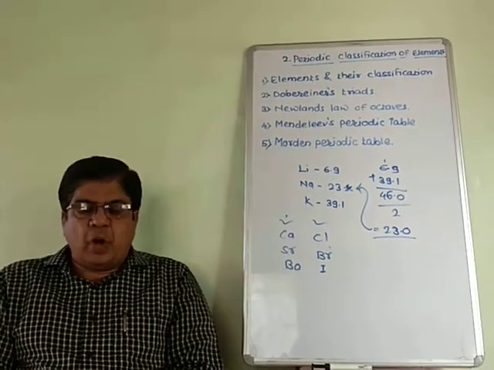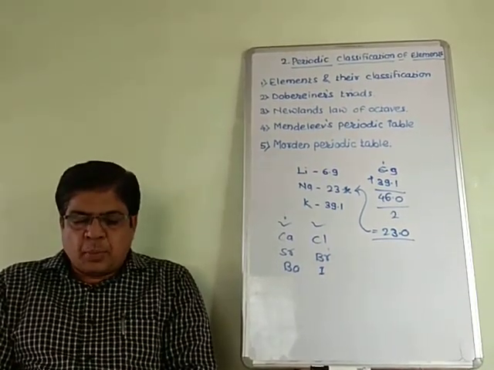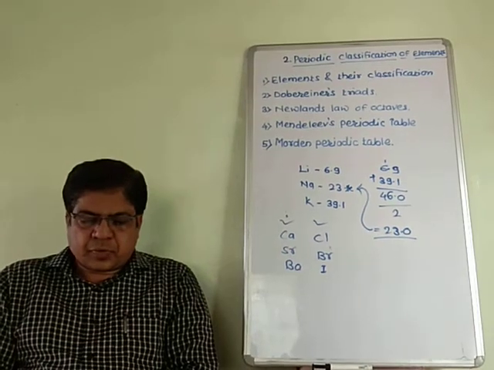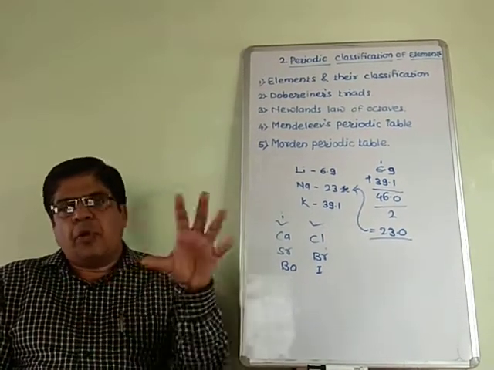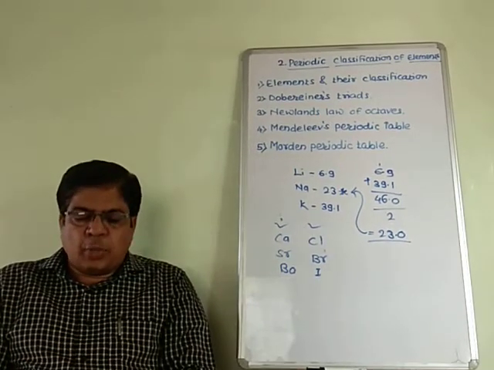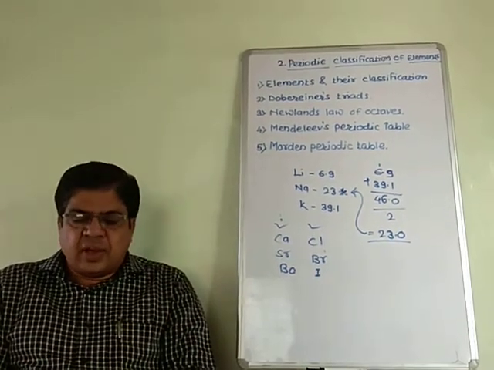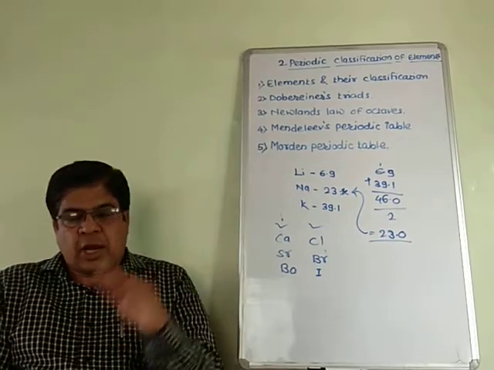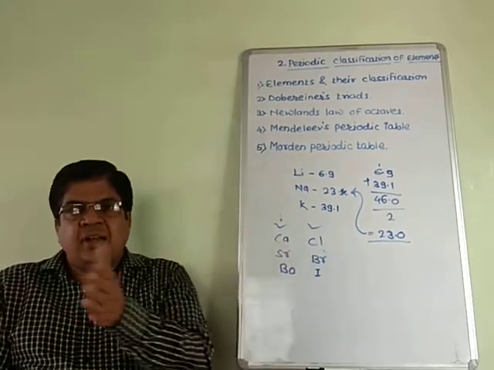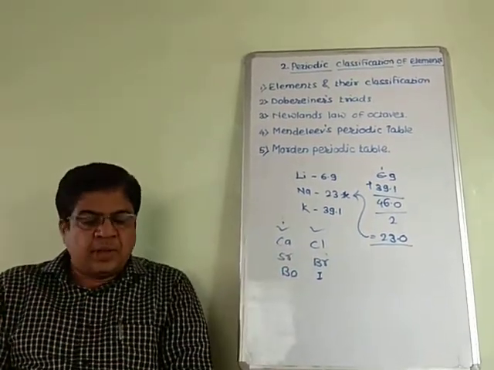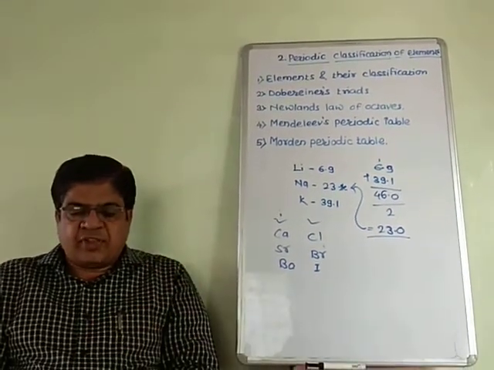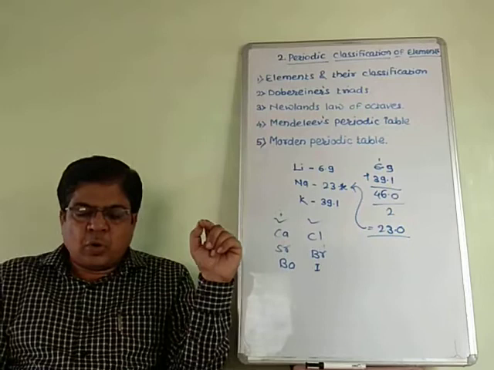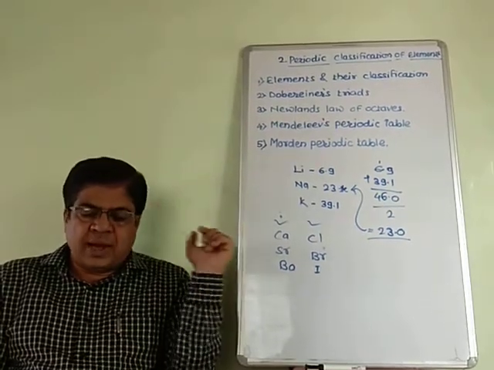The arrangement of periods and groups in the modern periodic table forms boxes. Atomic numbers are serially indicated in the upper part of these boxes. Each box corresponds to the place for one element.